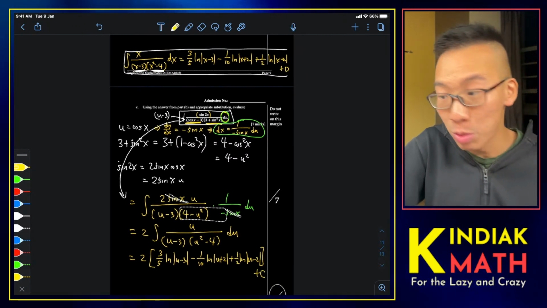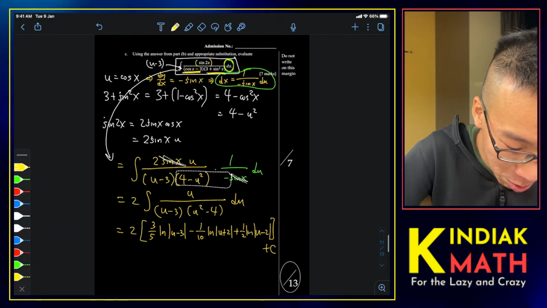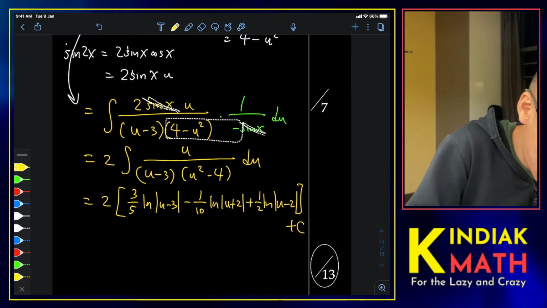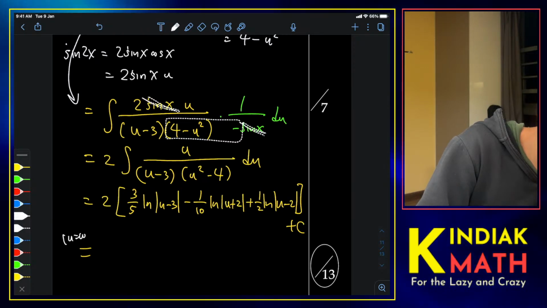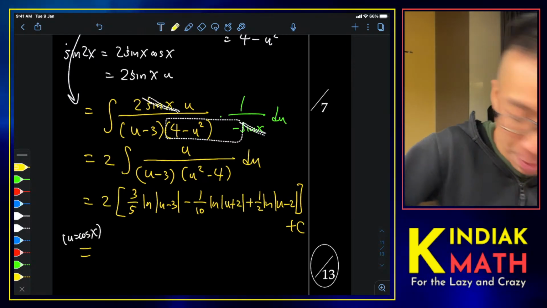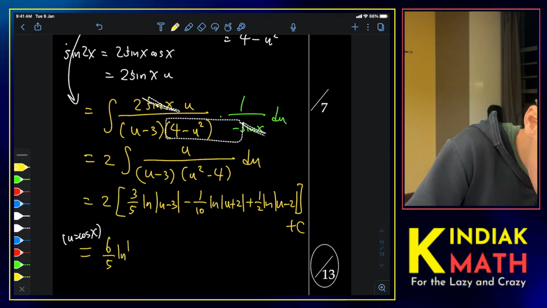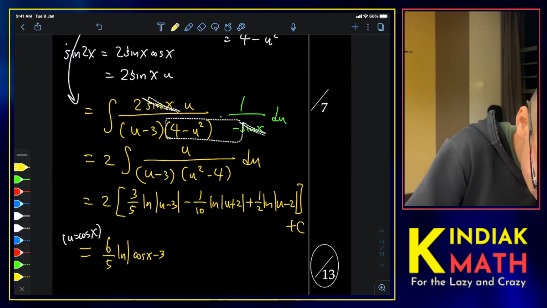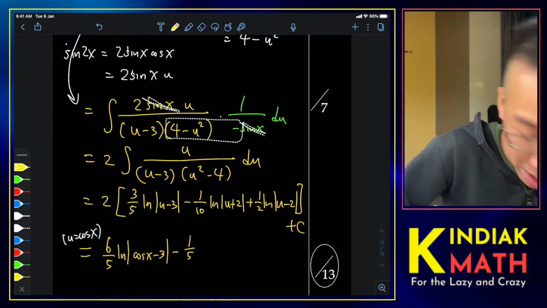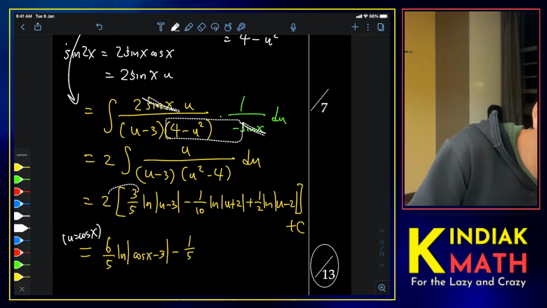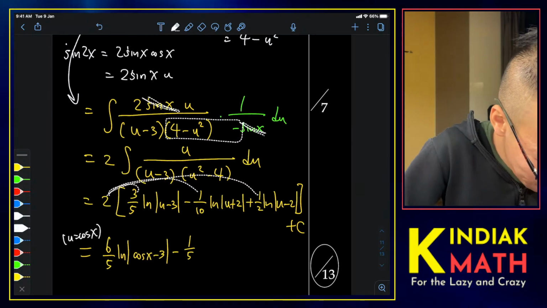Now, of course, u equals the cosine of x, so all we need to do is to back substitute everything. u equals cos x. Takes a bit of effort, and I'm gonna just speed up the process over here by just multiplying in the constant 2 as well.